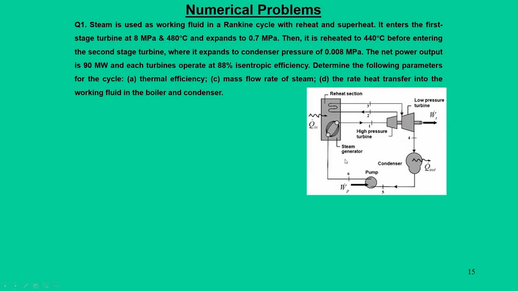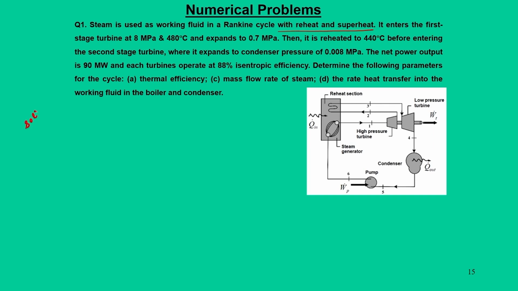Now, at the end of this lecture we will try to solve a numerical problem. This numerical problem is based on a Rankine cycle that operates with reheat and superheat. Reheat and superheat, I mean we have to draw the thermodynamic cycle, which means we are operating the steam in the superheated region and at the same time we need to take the advantage of reheat.